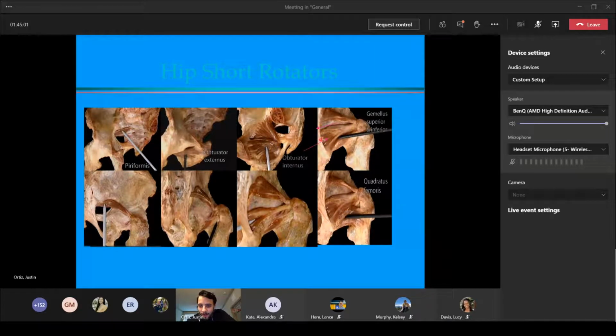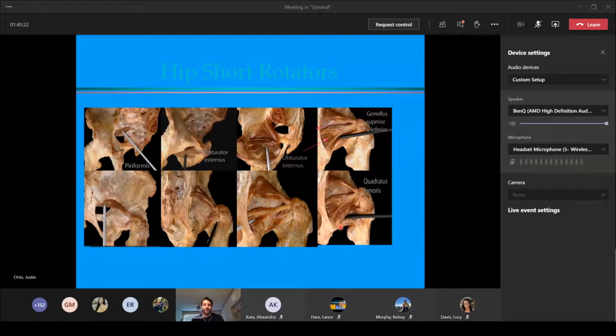This entire triangle thing right here is the obturator internus. This right here, this little muscle, is the inferior gemellus. And then this right here will be the quadratus femoris.